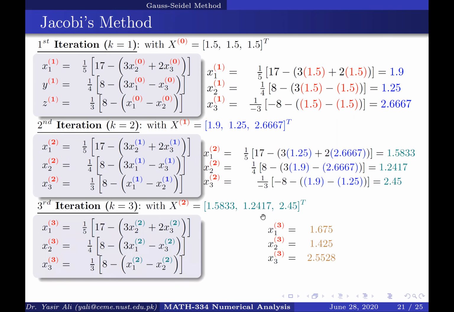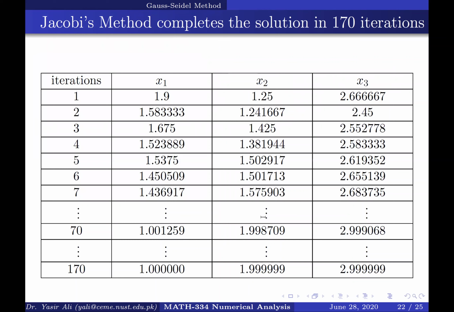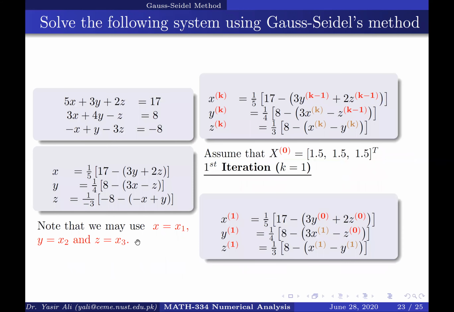In this way I can go on till my answer repeats in the next iteration. You can see that after 170 iterations it will be repeating, and I will get my answer.